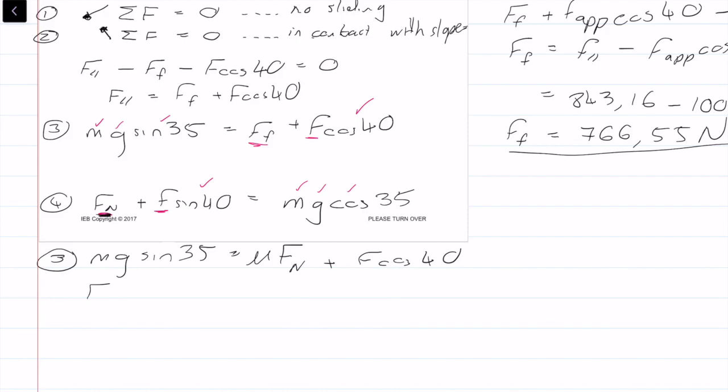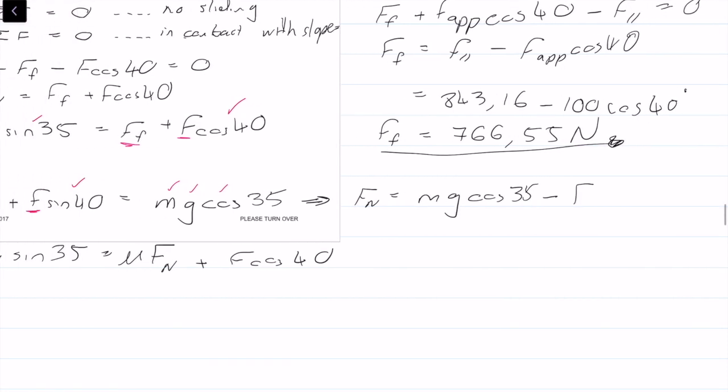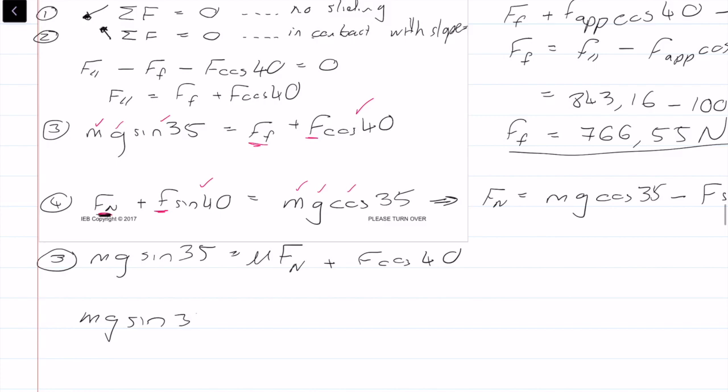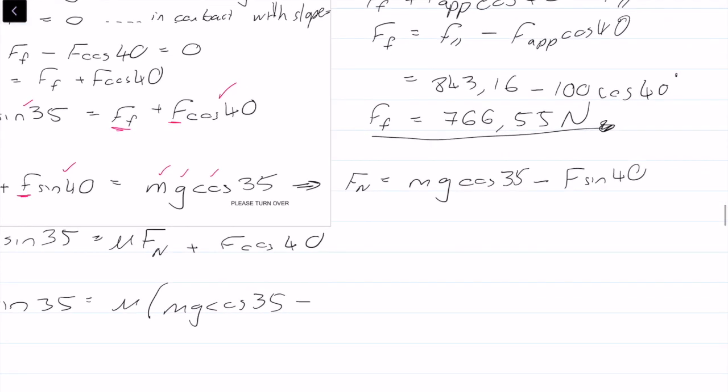If we want the normal force, we can say that the normal force is equal to mg cos 35 minus F sine 40. Cool. Now we have mg sine 35 is equal to mu times mg cos 35 minus F sine 40, plus F cos 40.